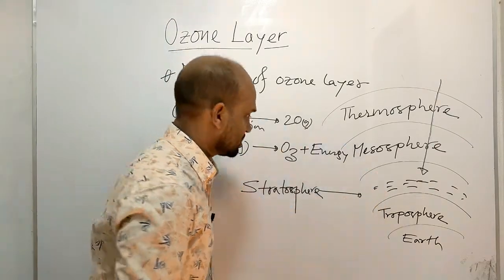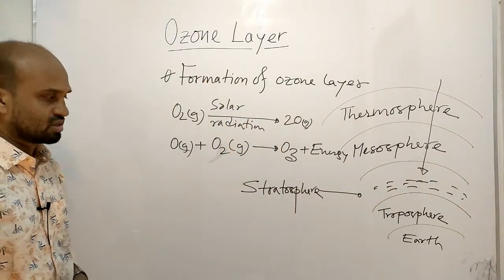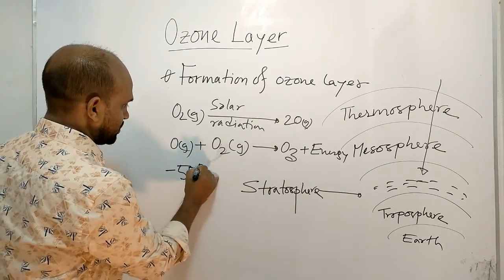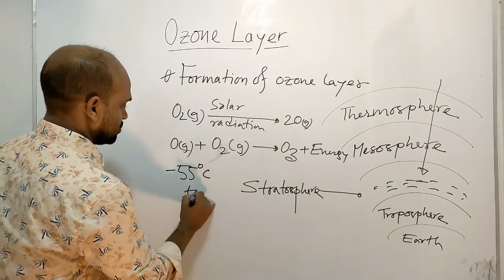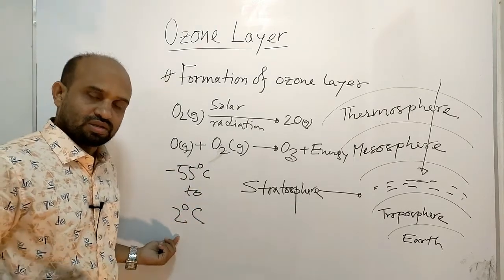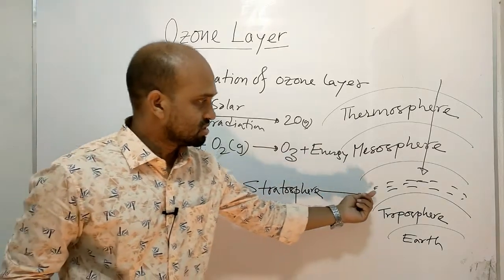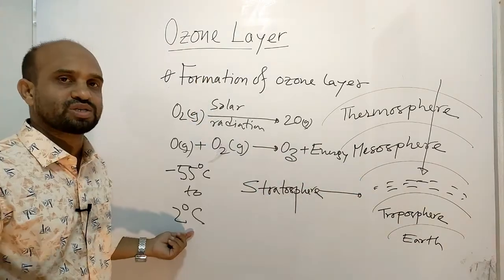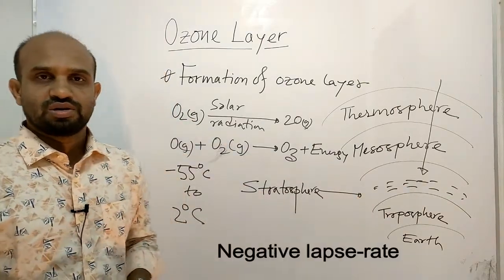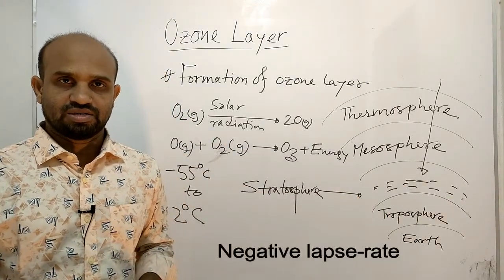That is why in this region temperature is increased from minus 55 degrees centigrade to 2 degrees centigrade. This is called negative lapse rate.